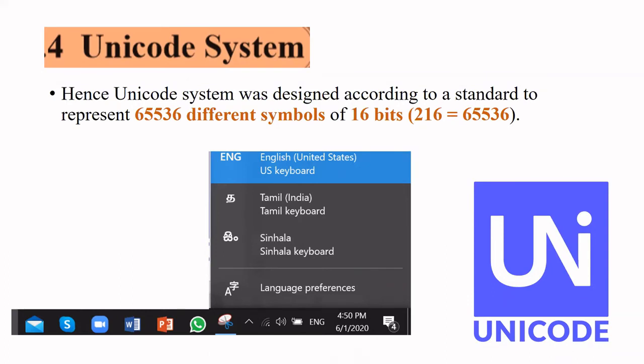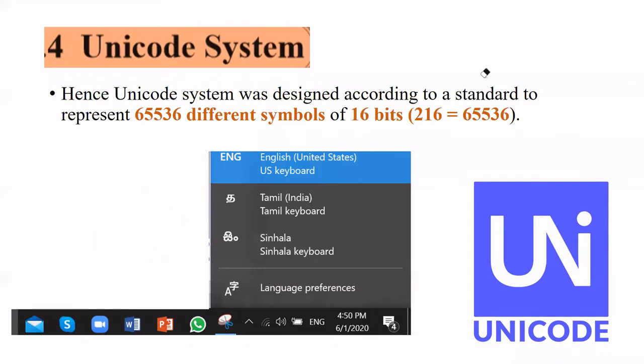Okay, I think there are 65,536 codes like this. So they assign codes normally for Arabic, Sinhalese, Tamil, and Japanese, right? Likewise, they assign some codes for their characters, right? So that's what we call Unicode, right? That is a very important coding system. Okay, right?